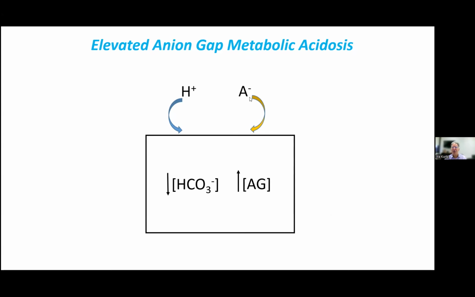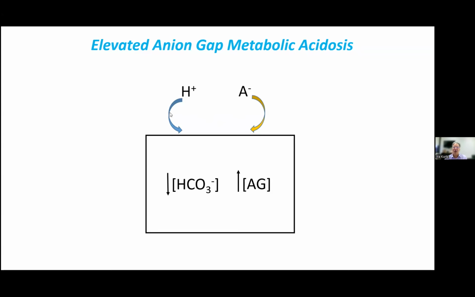The anion gap is solely due in most clinical situations to the fact that we have excess anions coming into the bloodstream. The anions happen to come in with a proton. It's the proton which binds to bicarbonate and shifts the bicarbonate buffer reaction and lowers the bicarbonate to create the metabolic acidosis. The anion has nothing to do with creation of the metabolic acidosis. It's just coming in with the proton and the anion gap goes up.